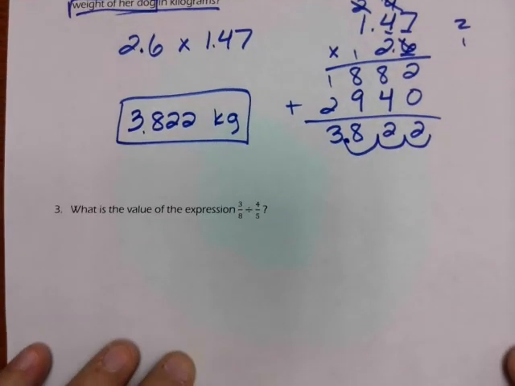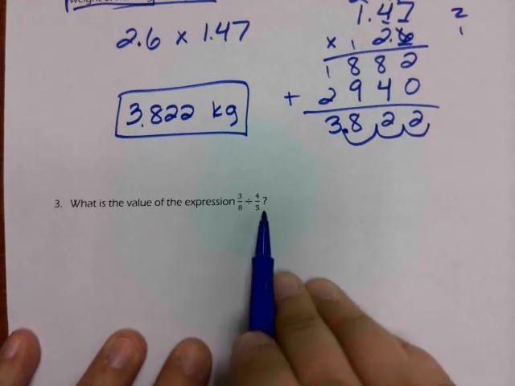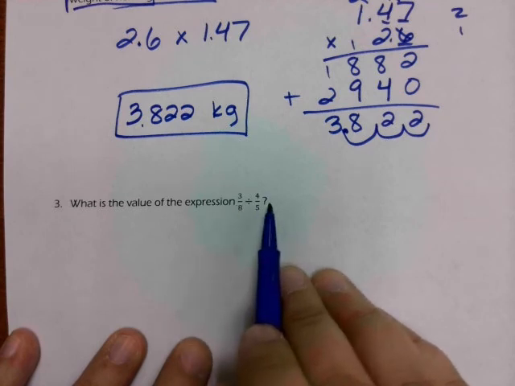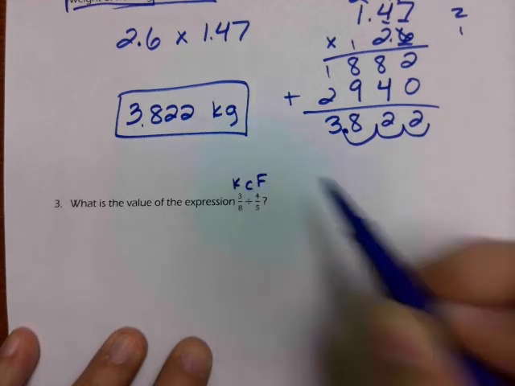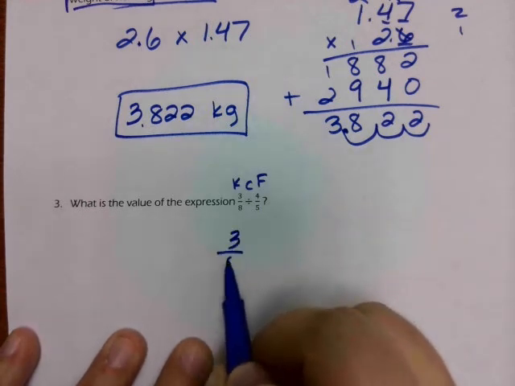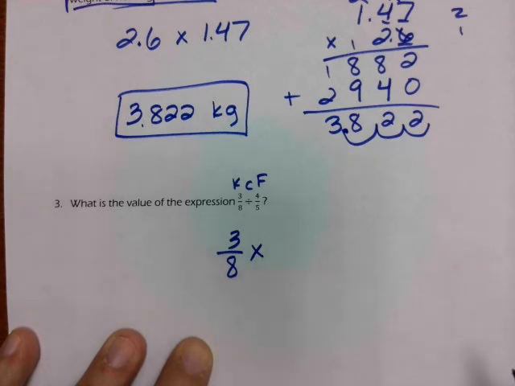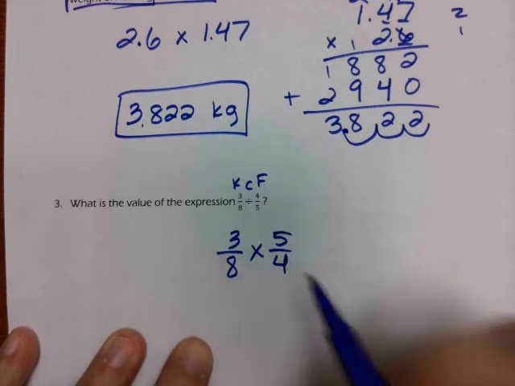Alright, number 3 says what is the value of the expression? So we have a division problem here with fractions. So remember, when we're dividing, we don't actually divide. We need to multiply by the reciprocal. So we're going to keep, change, and then flip. We're going to keep the 3/8. We're going to change the division to multiplication, and then we're going to flip the 4/5 to the reciprocal of 5/4.